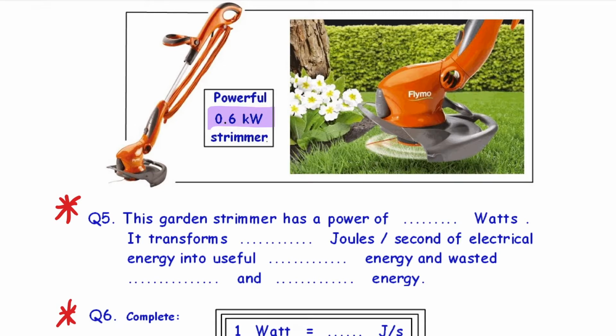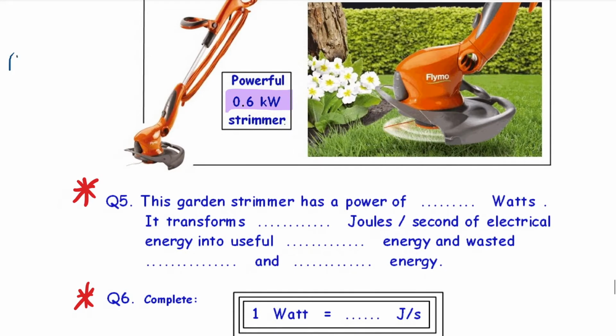Just remember that 1 kilowatt equals 1000 watts. So how much is 0.6 kilowatts in watts?